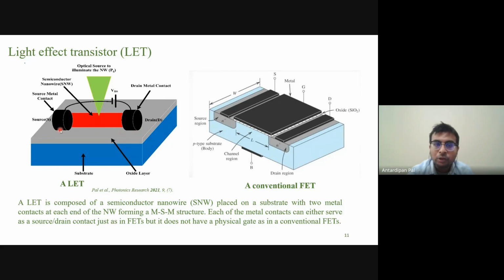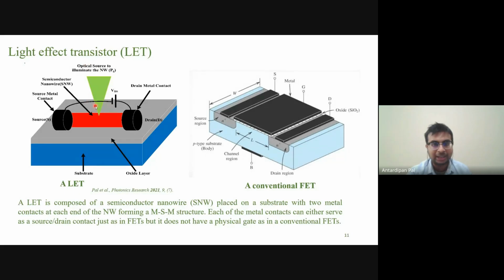We apply voltage at the 2 ends, which creates a lateral electric field that pulls the carriers. The carriers are accelerated in this nanowire, and we get current. Pretty simple, right? It's structurally different from the FET; we don't have the gate here.